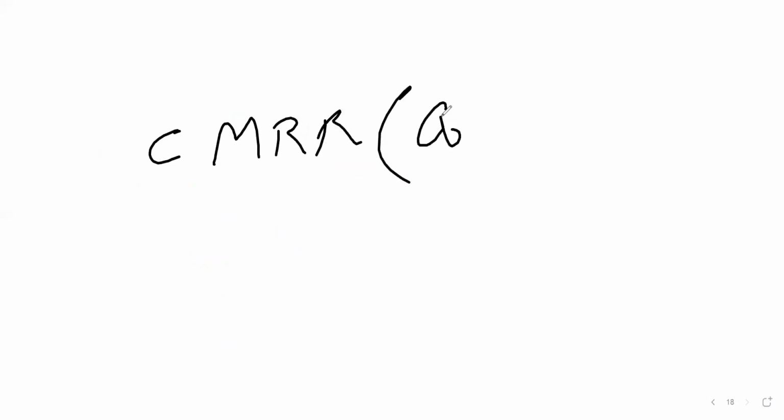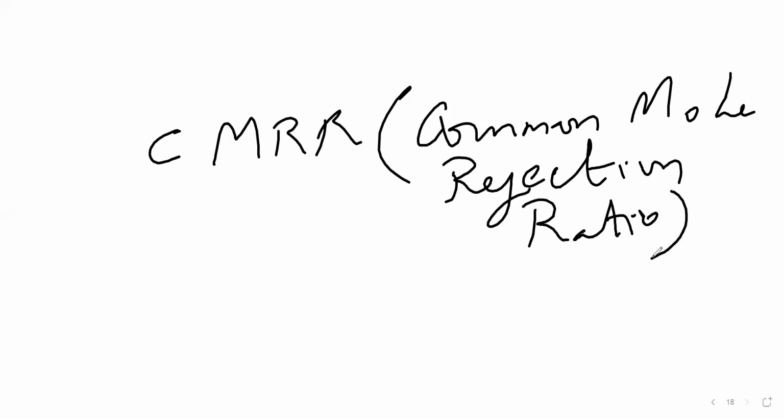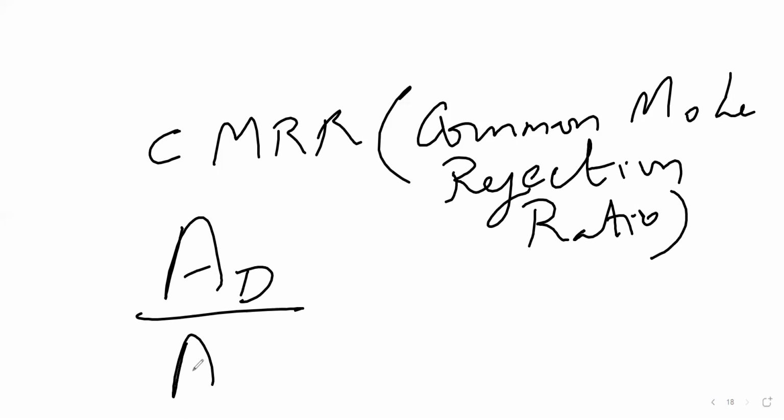Now the next definition. These are the difficult definitions. CMRR, common mode rejection ratio. So CMRR is equal to AD by ACM. What does A stand for?